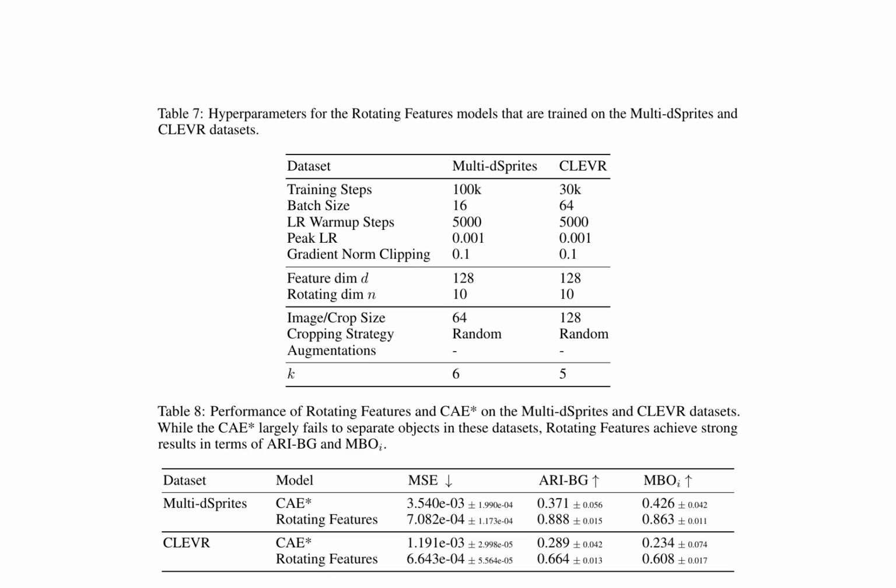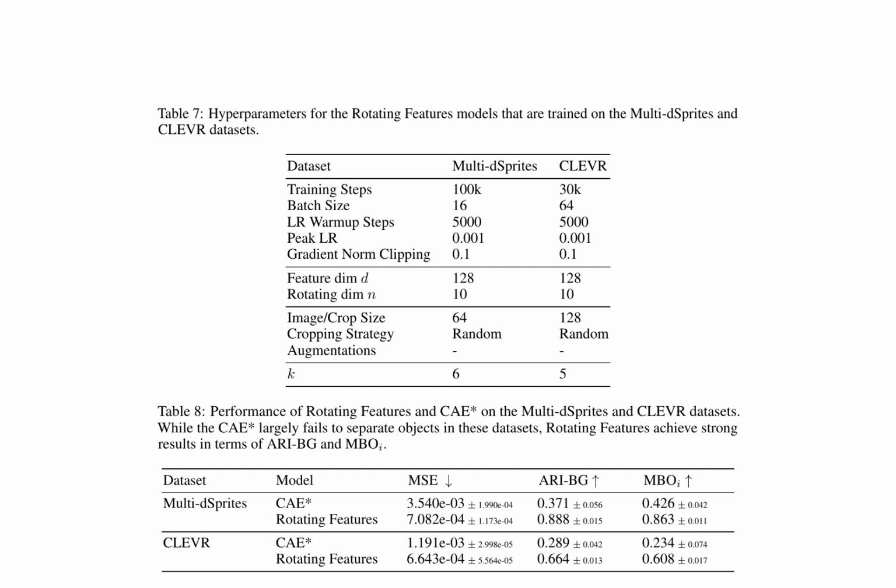Table 7 details the hyperparameters for the rotating features models, including training steps, batch size, learning rate warm-up steps, peak learning rate, gradient norm clipping, feature dimension, rotating dimension, image crop size, cropping strategy, augmentations, and the number of clusters, K. The multi-dSprites dataset uses 100,000 training steps, a batch size of 16, and a peak learning rate of 0.001, while the CLEVR dataset uses 30,000 training steps, a batch size of 64, and the same peak learning rate.